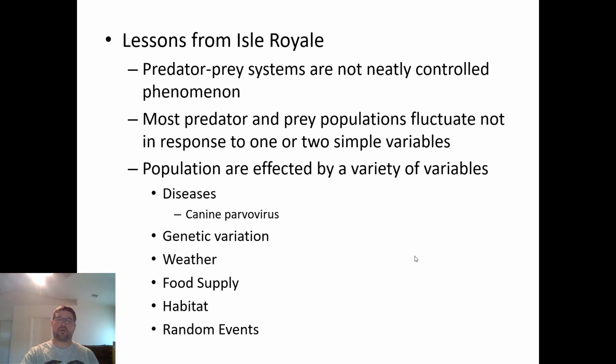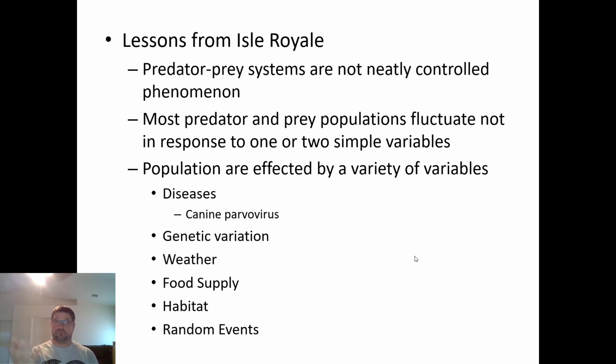There are other variables that play a huge role in what happens to populations, and you have to calculate and take into account those other variables. You have to talk about disease. The fact that on Isle Royale, the wolves got a disease called parvo, or the parvovirus, okay, and your dog can get this virus, and it's awful, and it'll pretty much kill your dog.